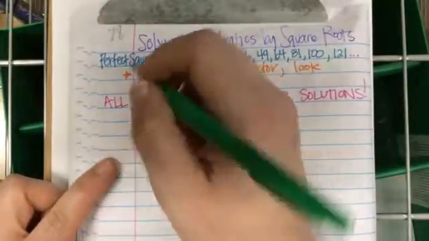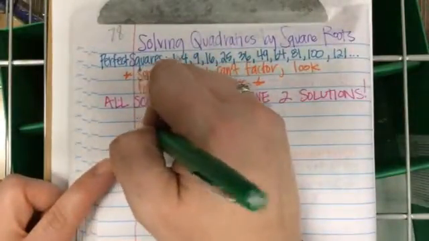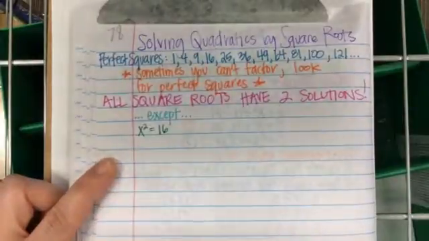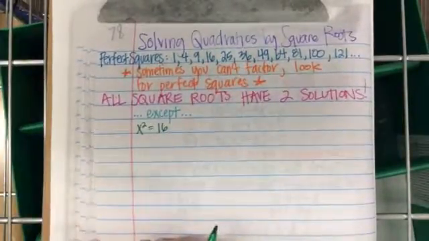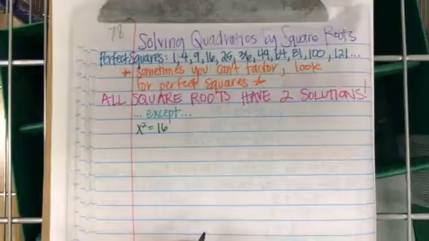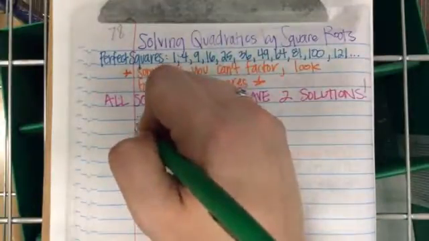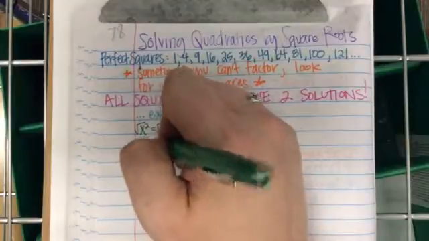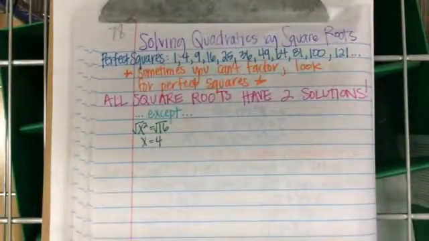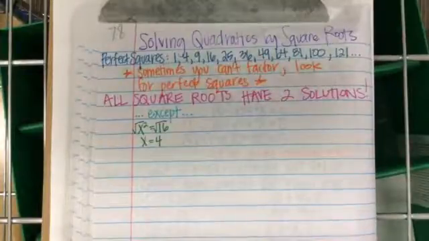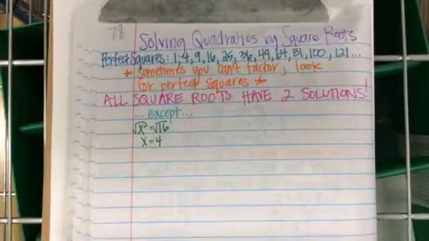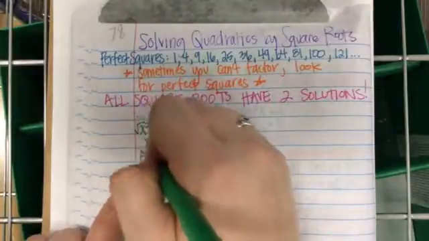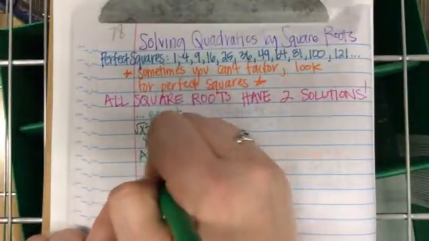So here's my question. If I said that x squared equals 16, what does x equal? Right, I'd find the square root. So x equals 4, because 4 times 4 is 16, right? What else times what else equals 16? x equals negative 4.